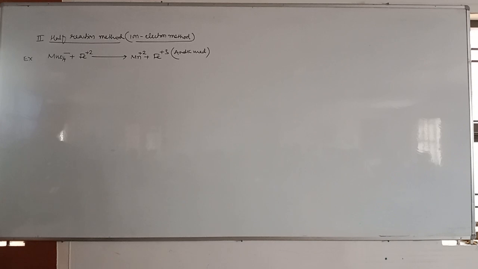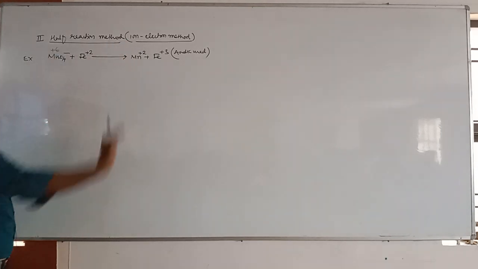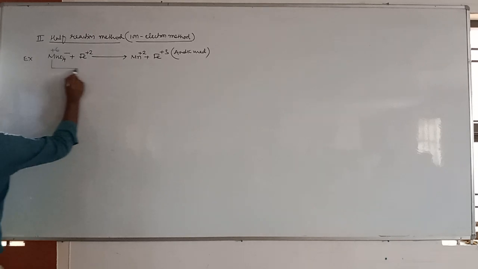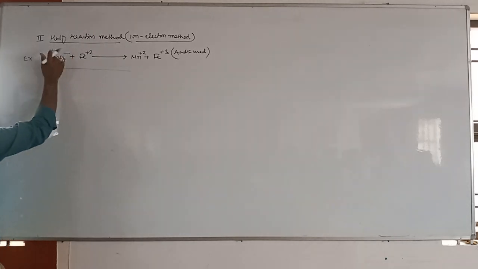Tell me, in acidic medium, first step is we need to calculate the oxidation state. Manganese will get plus 7, and other things are already given charges. Therefore, first step is calculate the oxidation state of each and every element and identify the oxidation and reduction.